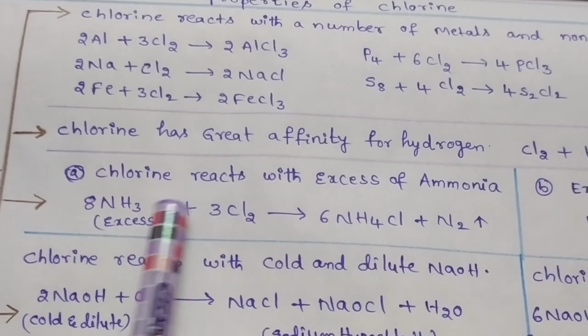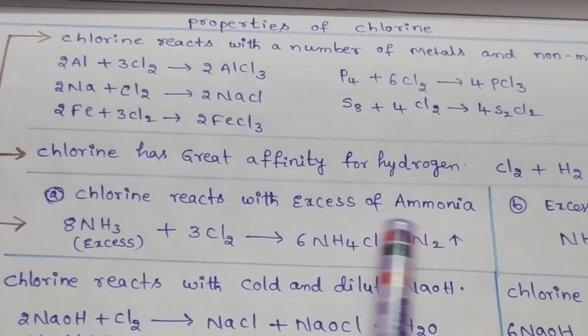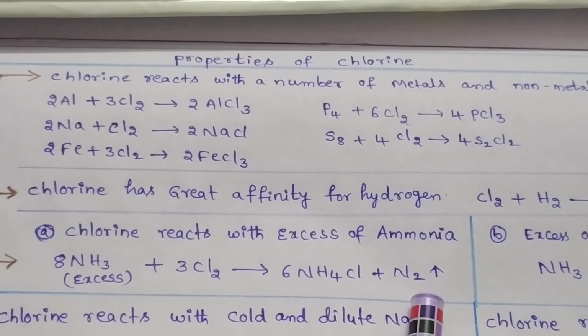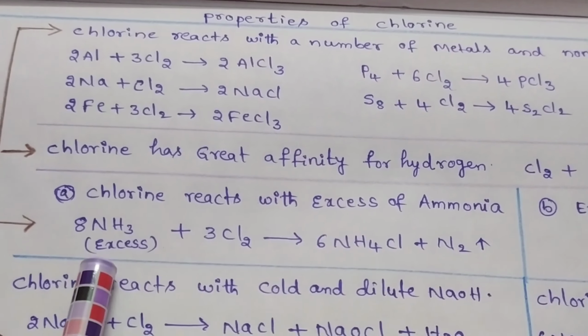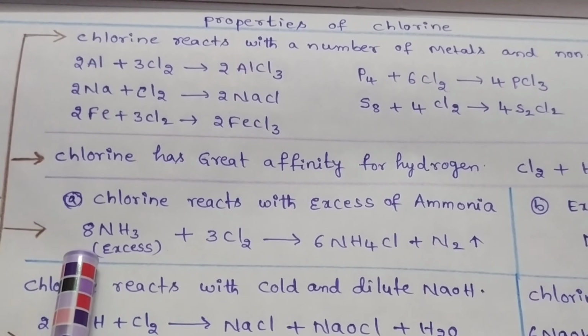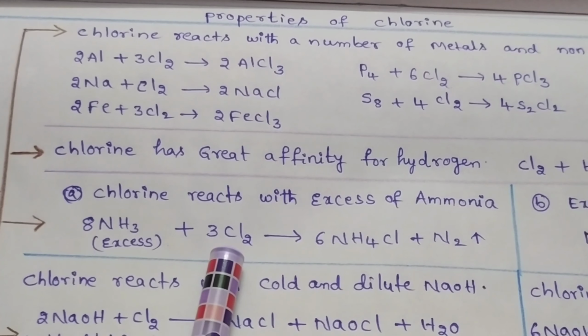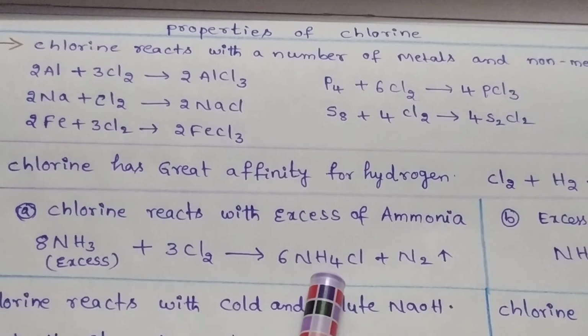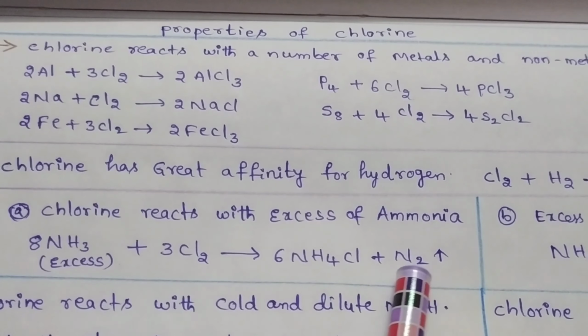Next, chlorine reacts with excess ammonia to form ammonium chloride and nitrogen gas. The reaction is: 8 moles of ammonia react with 3 moles of chlorine gas to form ammonium chloride, and nitrogen gas is liberated.